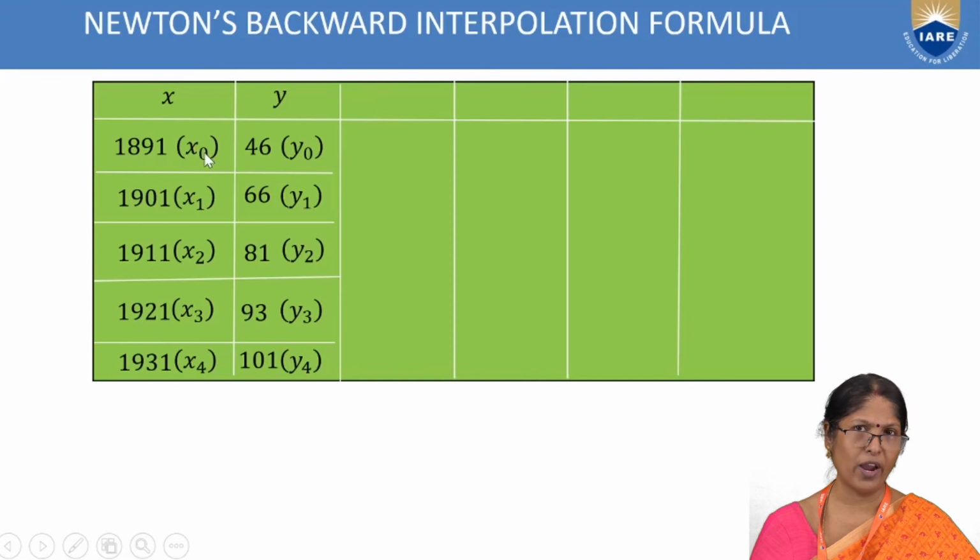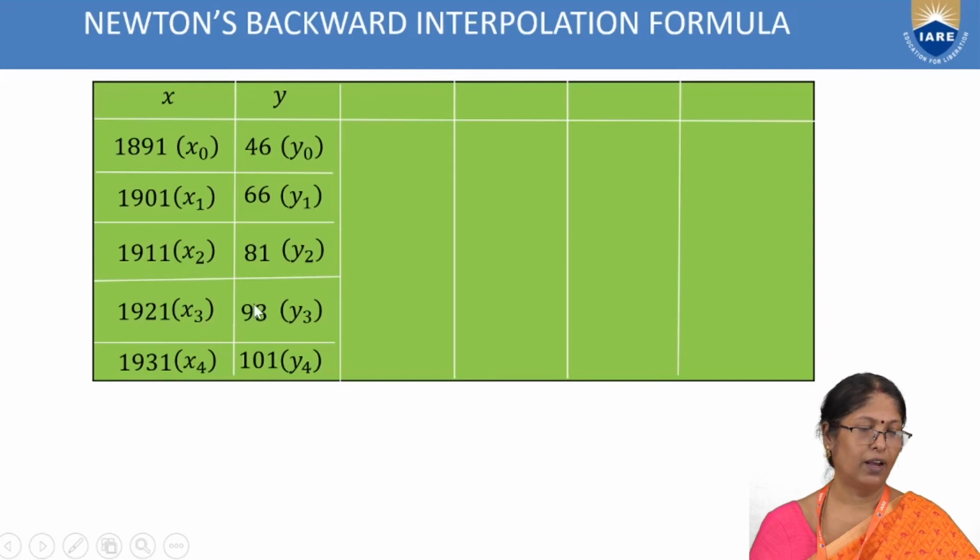At the point x0, that is 1891, the value of y0 is 46. Next, at the point x1, that is 1901, the value y1 is 66. At x2, that is 1911, the value of y2 is 81.